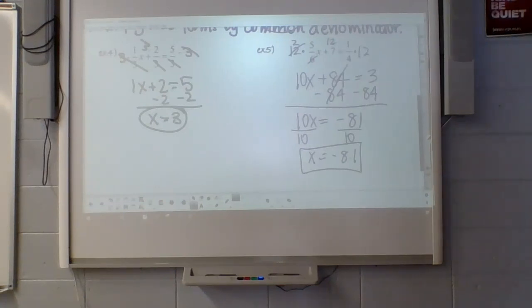So we're going to do some problems on our whiteboards using 1 and 2 step equations. So just so you guys know, it'll be both types of the last couple days here.